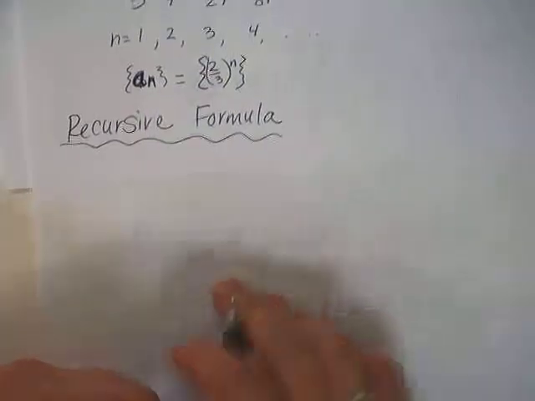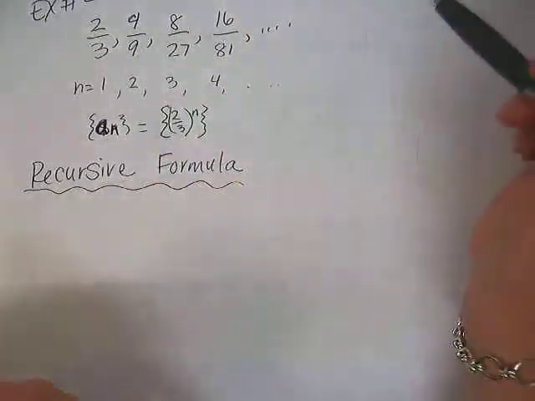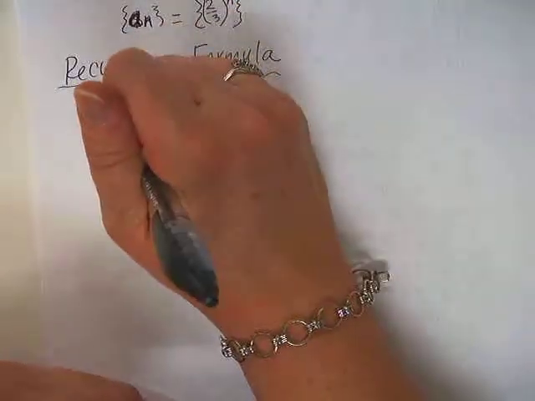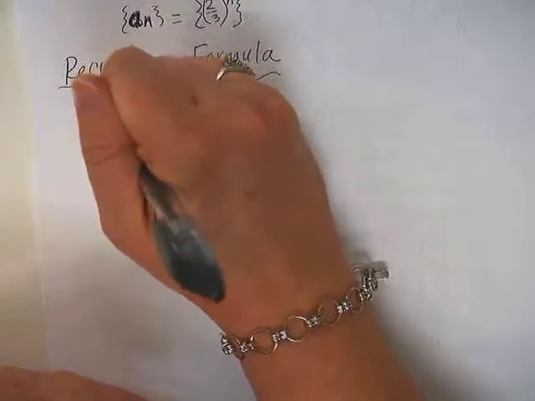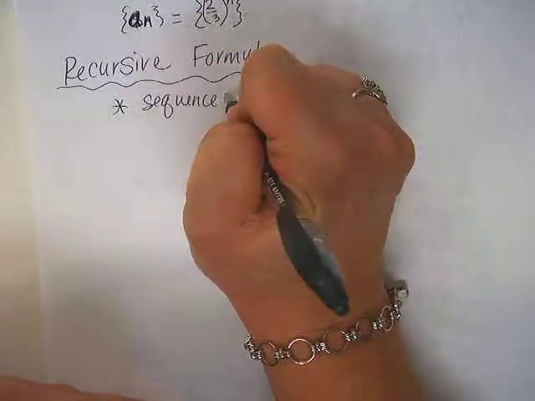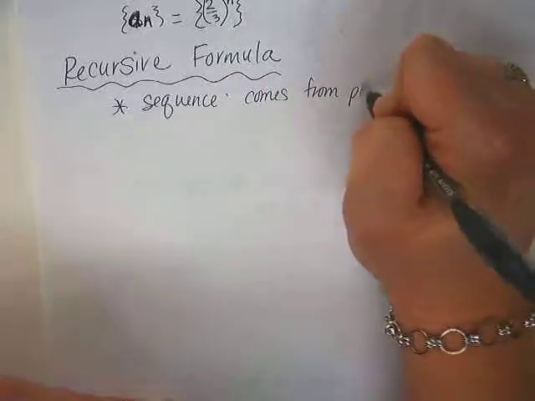Okay, those are general formulas. The other type of formula we have to deal with is called a recursive formula. Every sequence has a general formula and has a recursive formula. A general formula is kind of nice because you just plug in whatever value of n you want and you get that number in the sequence. A recursive formula is dependent on having a previous term.